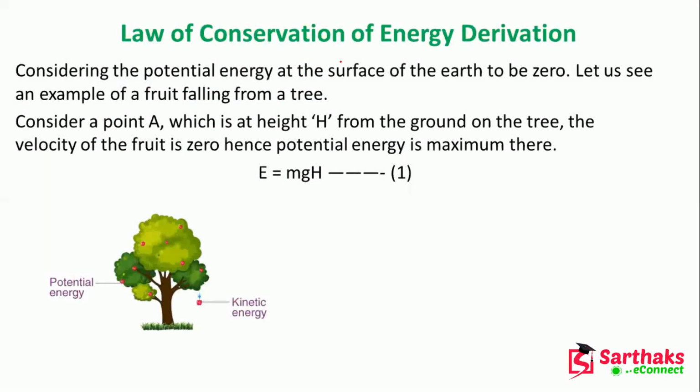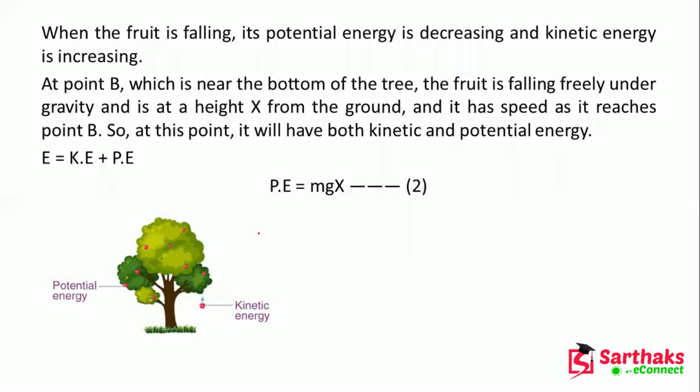So, law of conservation of energy derivation. Now we'll do this derivation, and it is very, very important. The energy is mgh, where h is the height of the fruit from the ground. So E equals mgh. Now the energy is constant, and that is kinetic energy plus potential energy.